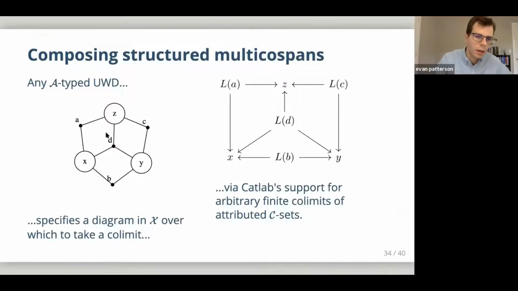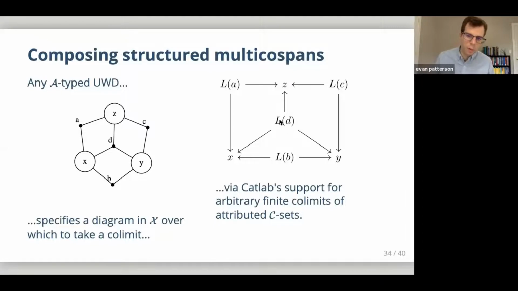For every undirected wiring diagram typed by objects of A, what the algebra is going to do is specify a diagram in the category X over which we're going to take a colimit. It's the same picture here: both the boxes and the junctions become objects in this diagram, and the morphisms come from the port-to-junction map.